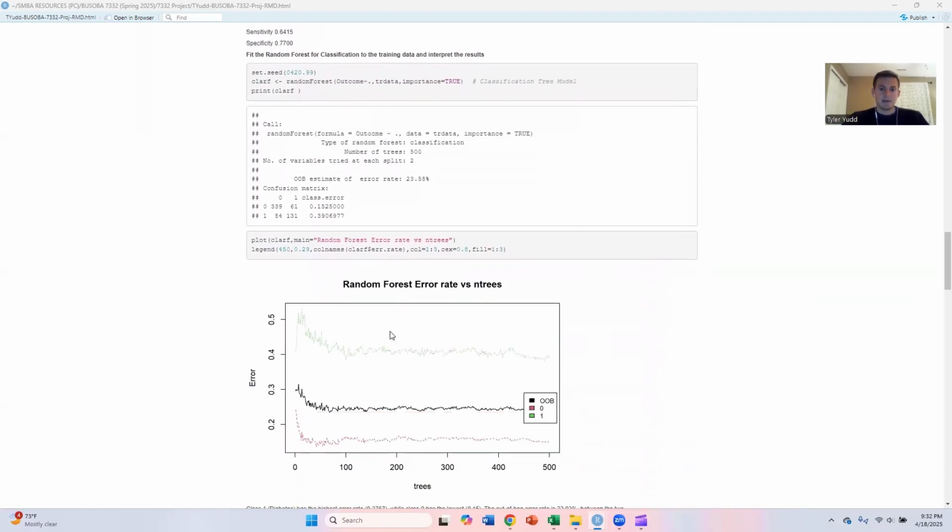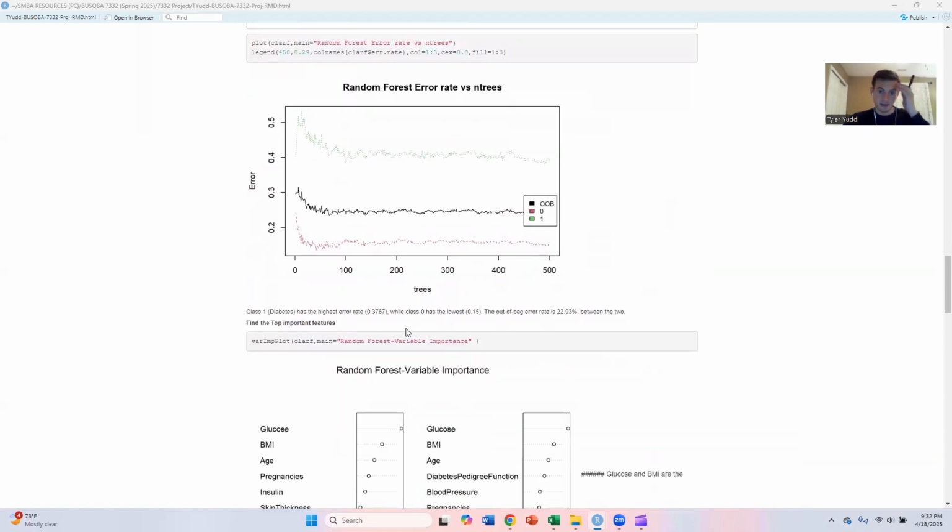So the second tree model that we did was the random forest. I had already partitioned the data previously, so I've hidden those outputs. But you'll see here with the error rate for the zeros and ones, the diabetic group had the higher error, while the non-diabetic group had the lowest error, and they did not converge at all, with the out of bag error being in the middle at 22.93%.